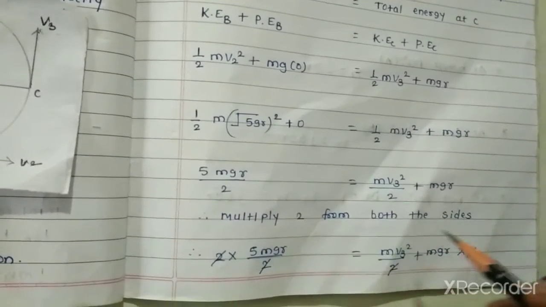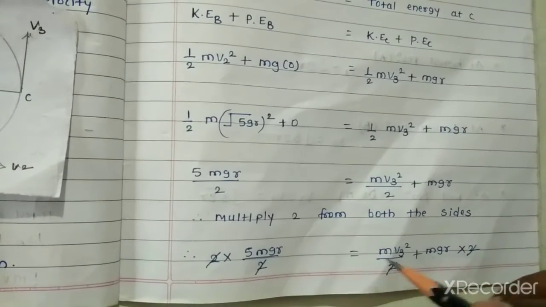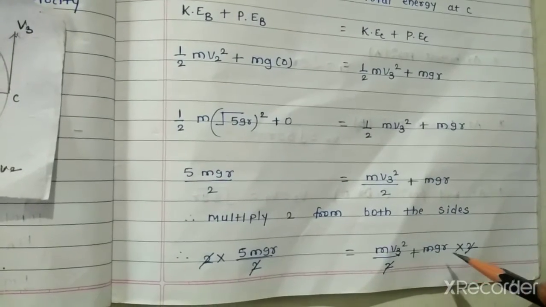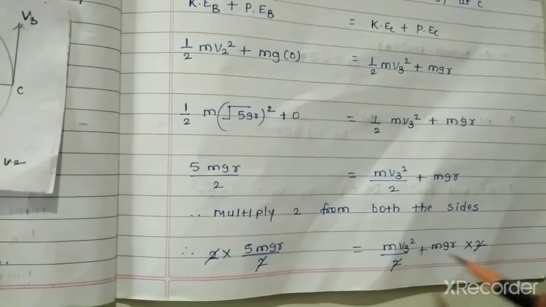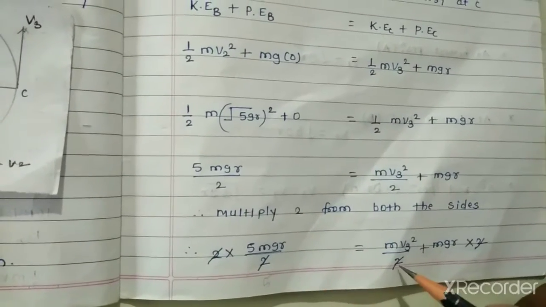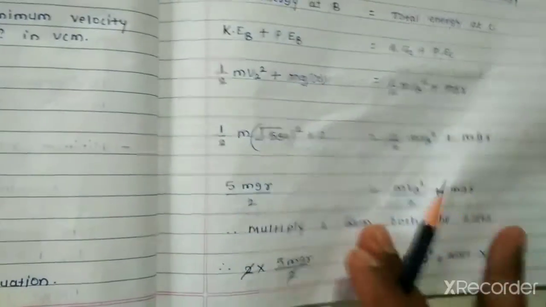Next, multiply 2 on both sides. Therefore 2 into 5mgr divided by 2 is equal to m v3 square divided by 2 plus mgr. So the 2 gets cancelled. What is remaining? 5mgr is equal to m v3 square plus mgr.